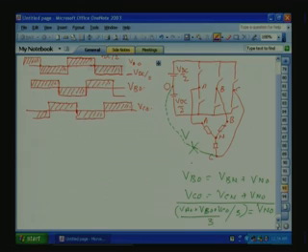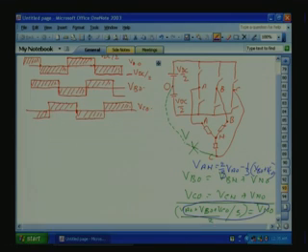Substituting this value of VNO in our VA0 equation, we can find VAN is equal to 2 by 3 VA0 minus 1 by 3 times VB0 plus VC0.